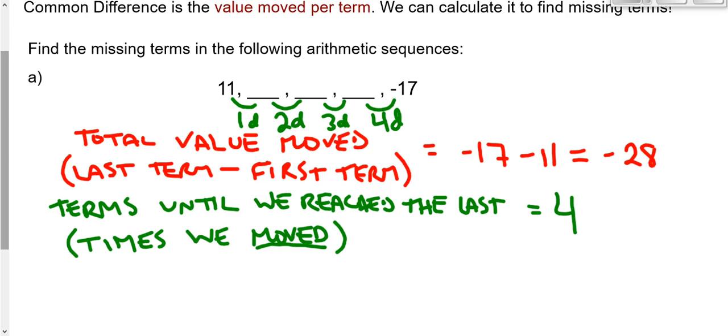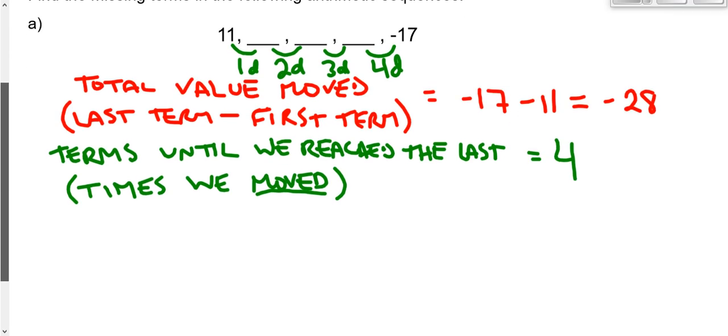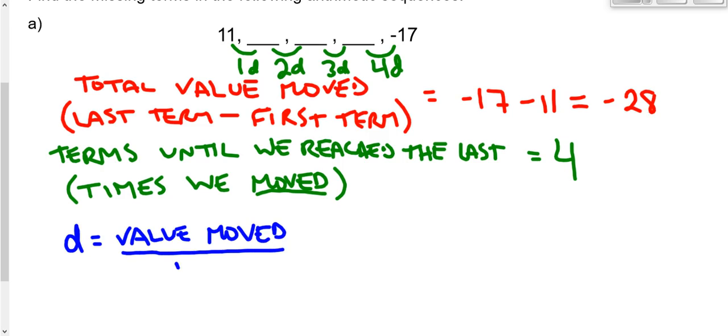Once we know the total value we moved, and then the number of terms it took us to get to that place, we can calculate d. So d is the common difference. And remember, it's the value moved per term. Remember, the word per just means divided by, so the value moved divided by the number of terms it took us to get there.